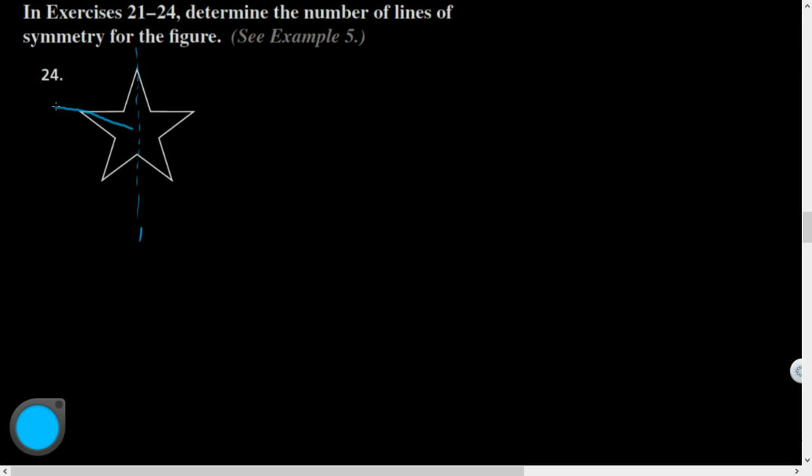I think I can hit this one, and this one. So I think it's just 3. Did I miss one? Oh, I missed this one. Oh man, I'm terrible. It should be 5.